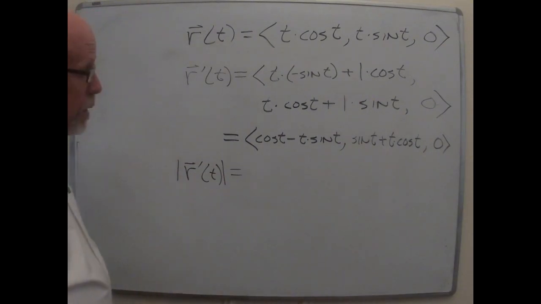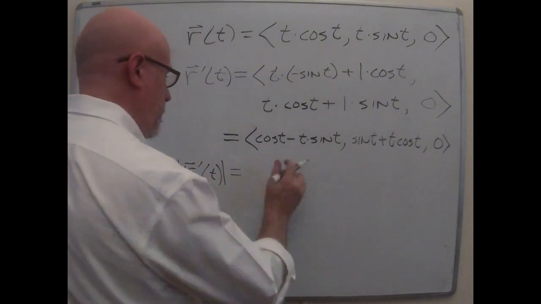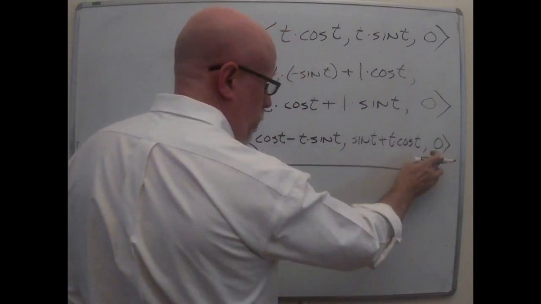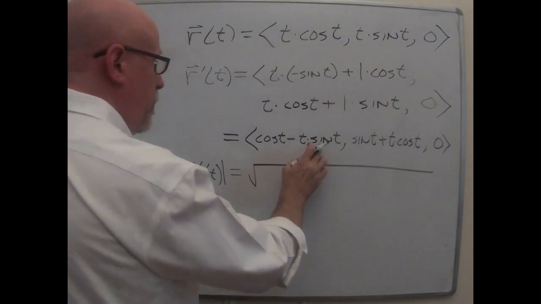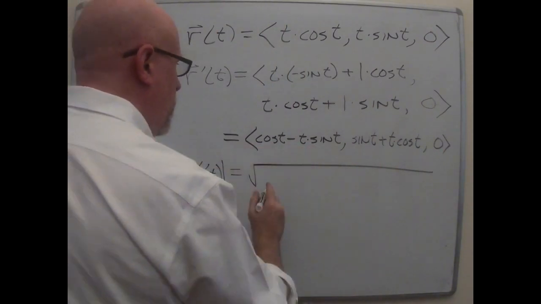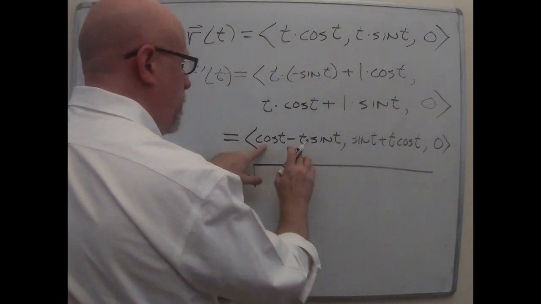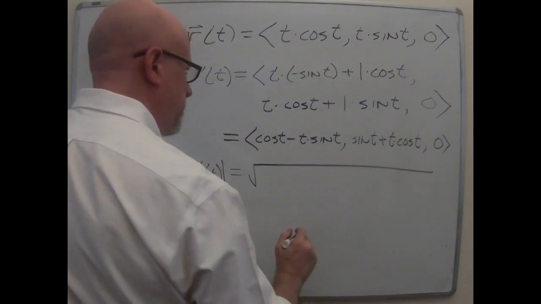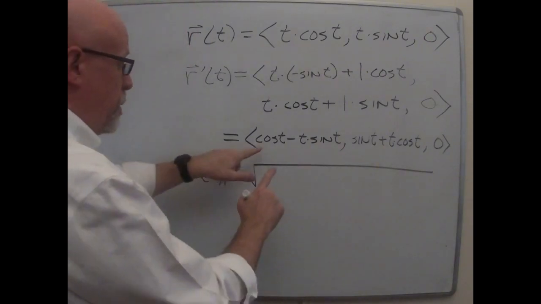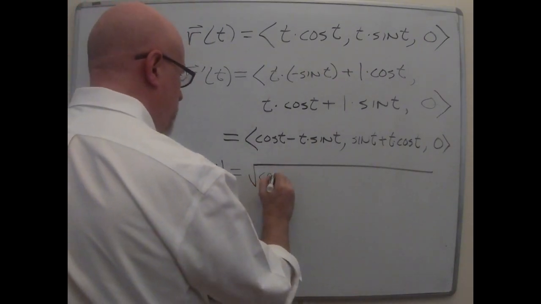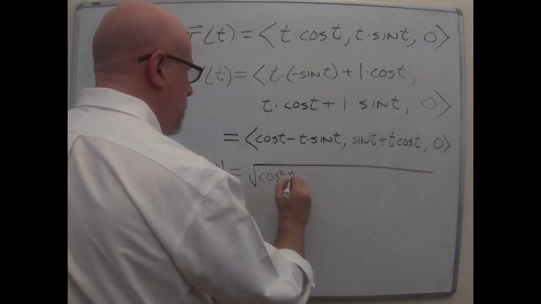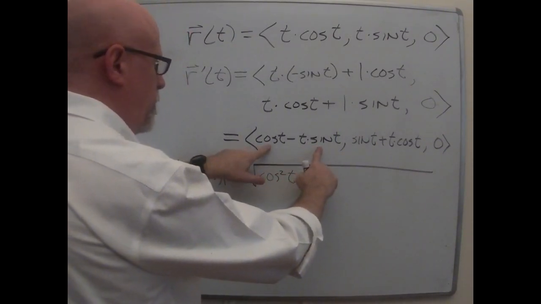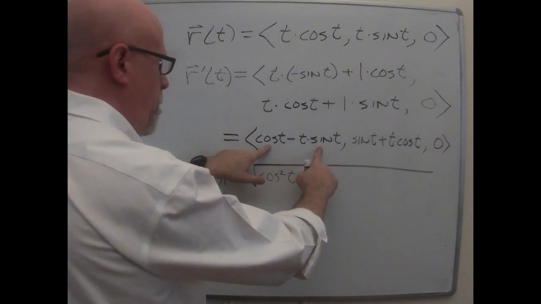Square root of the sum of the squares. So we're going to square that, and square that. Squaring 0 I can handle, but squaring this one, well, it's a FOIL rule deal. So first times first is cos t times cos t. That's cos squared t. Outer times outer is cos t times minus t sine t.